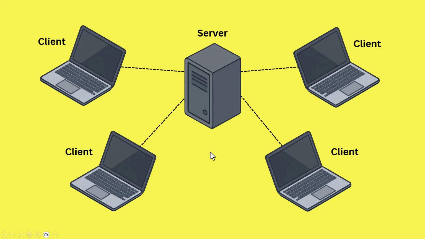So we can connect as many clients to the server as we want. Let's say this client wants to send a message to this client. It's going to send it to the server first, and then the server is going to relay that to the target client. This is a very secure method, and it is very easy to manage. So as I mentioned before, networking is all about sending and receiving the data.